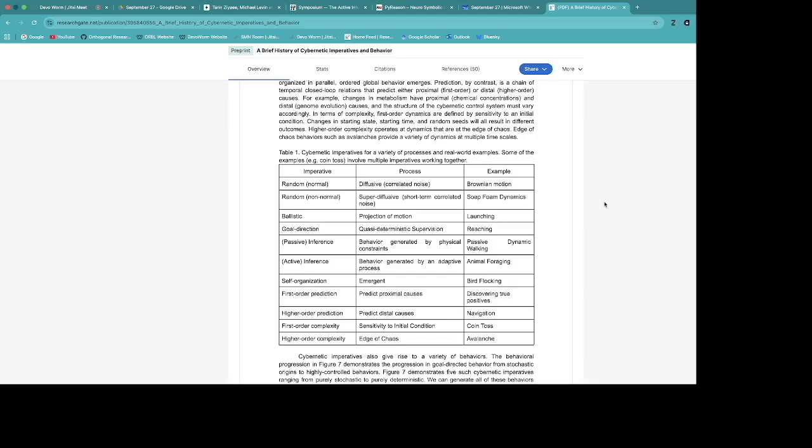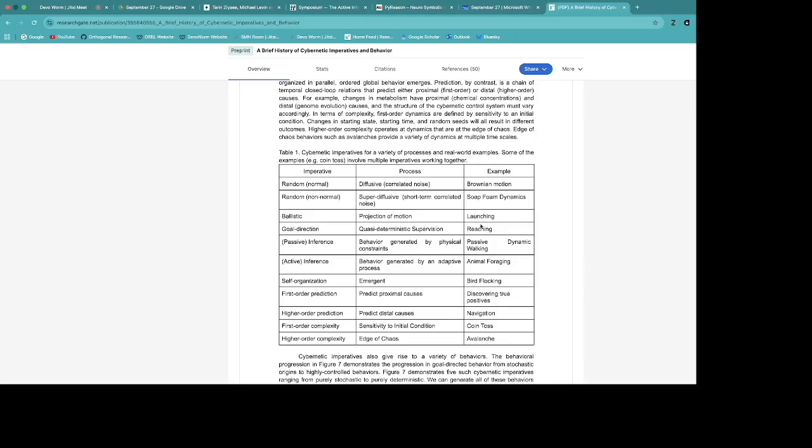Another kind of valuable thing in this paper is this table of cybernetic imperatives. This is where we have these imperatives listed here, the processes that are associated with these imperatives, and then the example of the behavior.